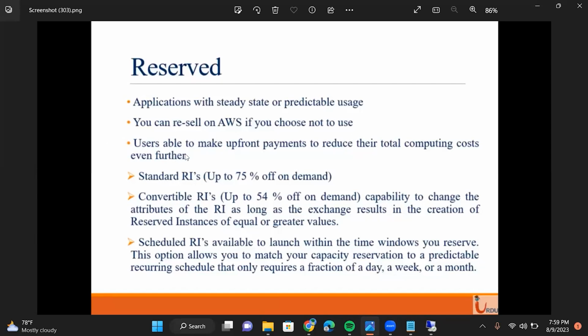Users are able to make an upfront payment to reduce their total computing cost even further. So let's say we are reserving 2 or 3 services for 1 year, and for the total period of 1 year, the whole service set will cost us $15,000.